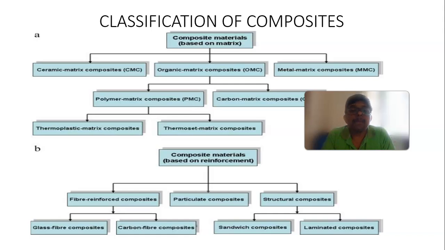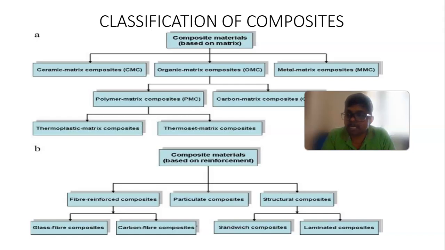It may be either nano coating or micro coating. This coating technique is used to prevent rust, and it also ensures the durability of the component and increases its wear resistance. That is the category of particulate composites.